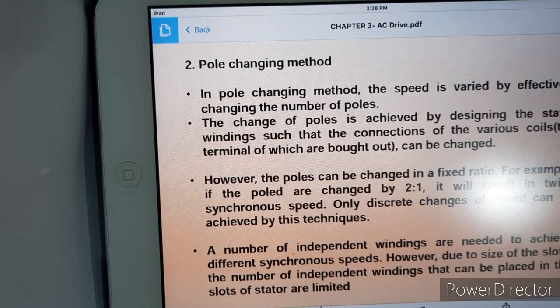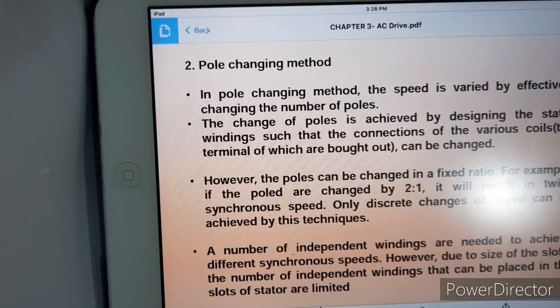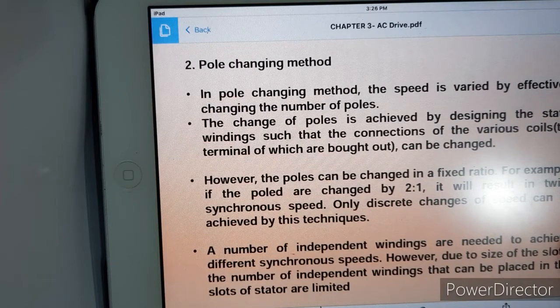The change of poles is achieved by designing the stator winding such that the connection to the various coils, the terminals of which are brought out, can be changed. However, the poles can only be changed in a fixed ratio. For example, if the poles are changed with a ratio of 2 to 1, it will result in twice the synchronous speed.